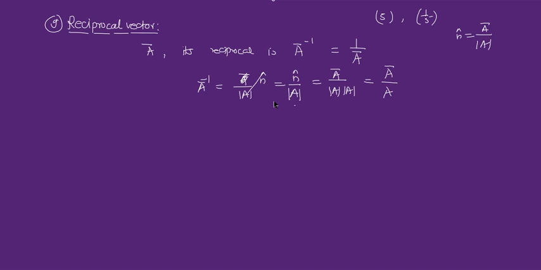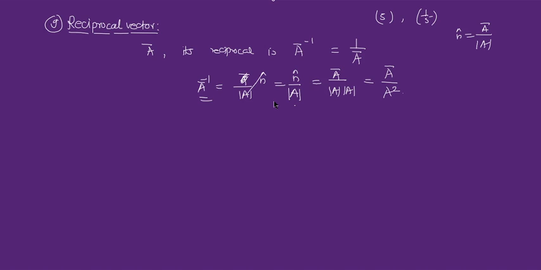So a bar inverse is equal to n cap upon modulus a, and n cap can be written as vector a bar upon modulus a. So the final result becomes a bar upon a square, which is said to be the reciprocal vector of this vector a bar.